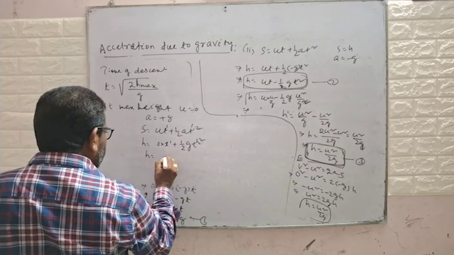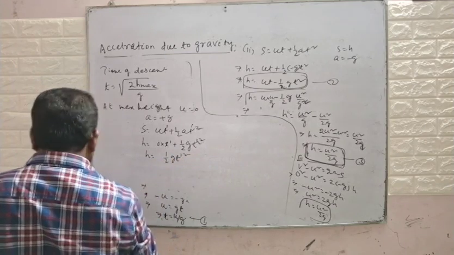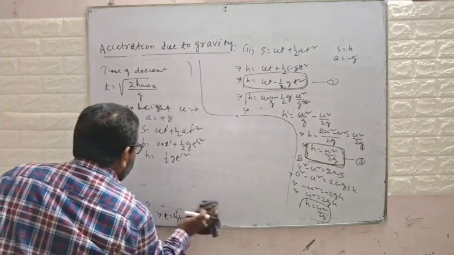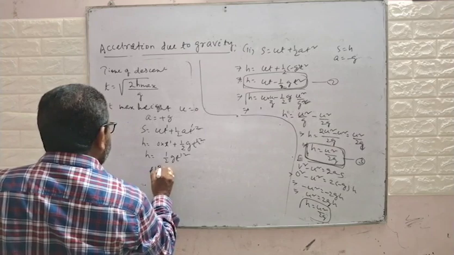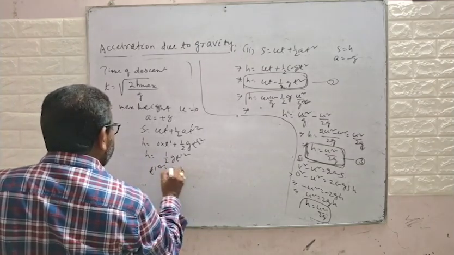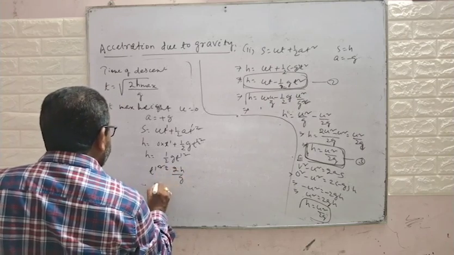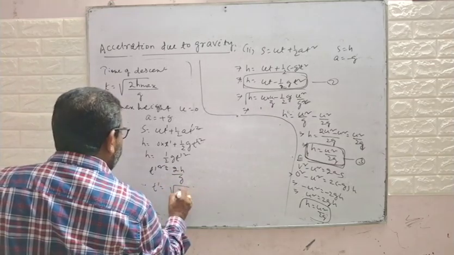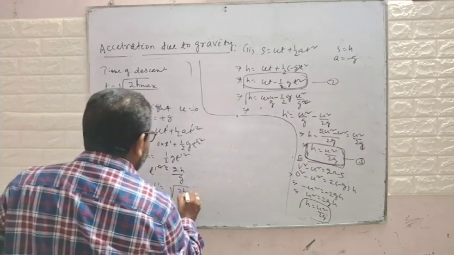Or h is equal to half gt dash square. t dash square is equal to multiply 2 into h, 2h by g, or t dash equal to root over 2h by g, where h means maximum height.